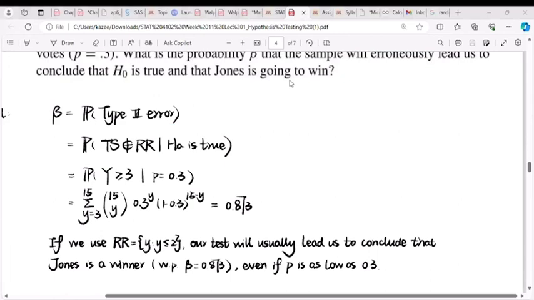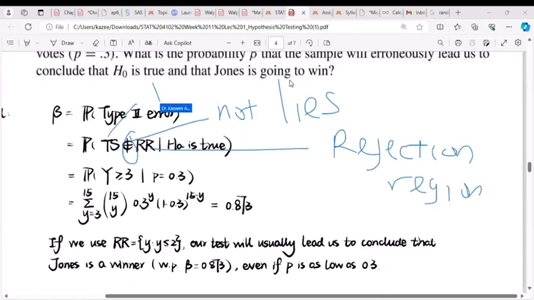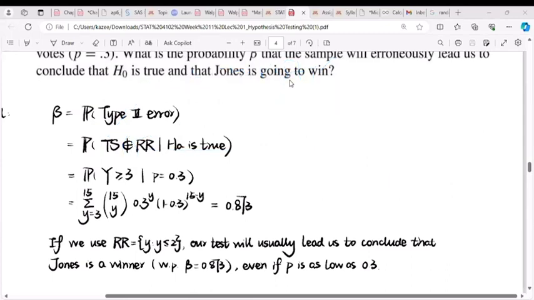We mean the probability that the test statistic will not lie in the rejection region. R means rejection region, and TS means test statistic. So it is the probability that the test statistic will not lie in the rejection region when the alternative hypothesis is true. That's going to be an error, and that's what we want to find.